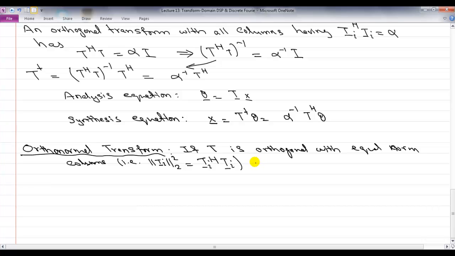So in that case, equal norm columns and alpha equals 1. In other words, if Ti Hermitian Ti equals 1 for all i and T is an orthogonal transform, then this means that T is an orthonormal transform. So normal means simply that the columns are normalized to have unit magnitude squared. The sum of squares of their entries comes out to be 1.